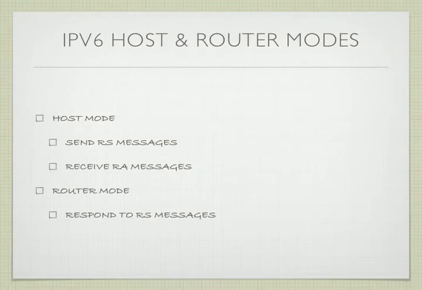So this is your first decision to be made in how the ScreenOS device is going to participate in the IPv6 network. Is it going to be the router that owns the segment that it's attached to, or is it another IPv6 host that needs to be able to communicate in IPv6 on the network?